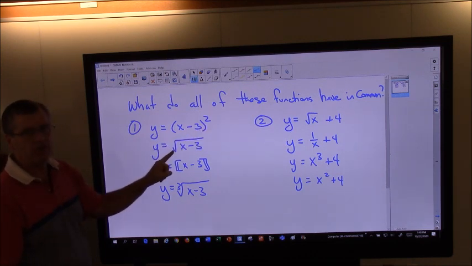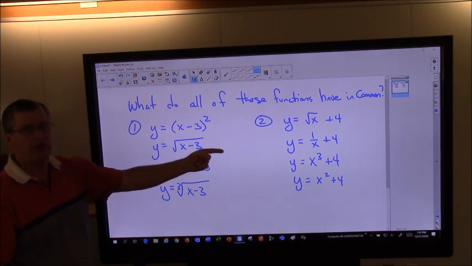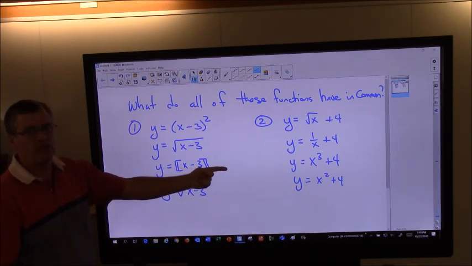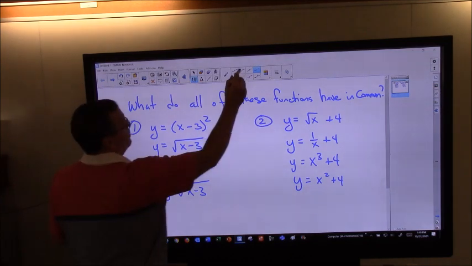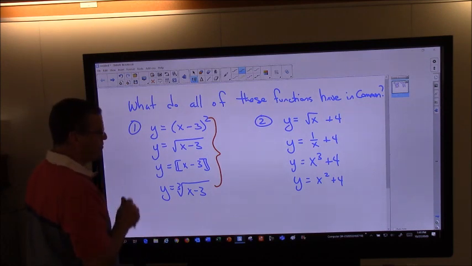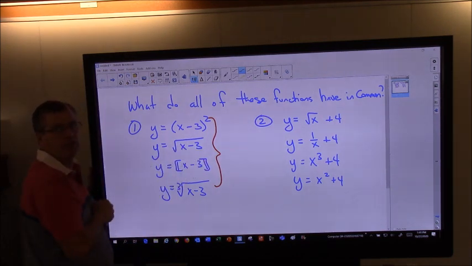We know what a basic square root looks like. It's now been shifted 3 units in the opposite direction. I know what a greatest integer function looks like. I've just shifted it 3 units in the opposite direction. So every one of these is shifted 3 units to the right of its parent function.